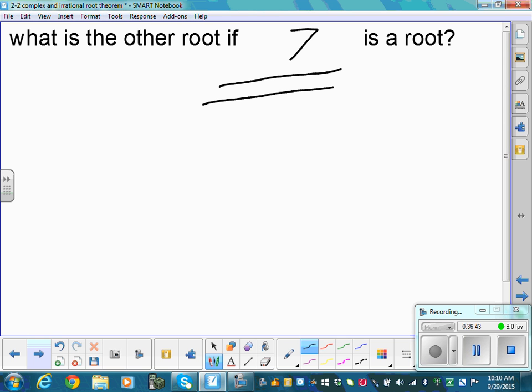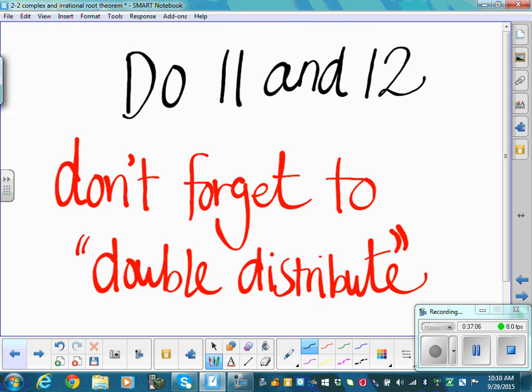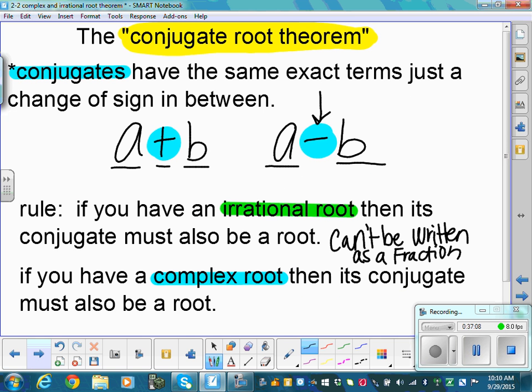No. So, is its conjugate a root? No. Do you understand the rule now? Numbers that are not irrational, like a whole number, if it can be written as a fraction, you can't say its conjugate's also a root. The rule says if you have an irrational root or a complex root, then its conjugate's also a root.